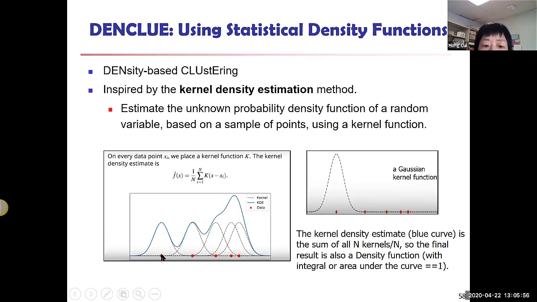We use that point as the mean and put a standard kernel function on top of it. When we do that, you can see every data point, 1, 2, 3, 4, 5, we have 5 points, so we put 5 kernel curves.